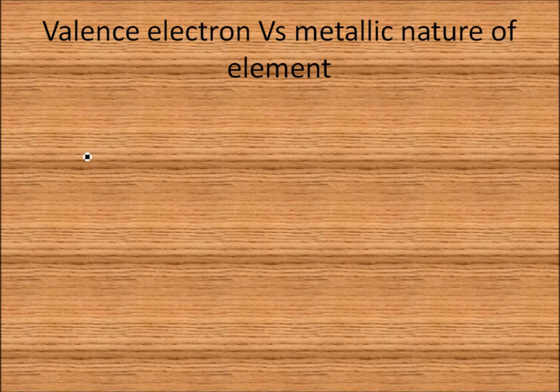How does the metallic nature of an element occur with respect to valence electrons? Kindly note that the elements which have valence electrons 1, 2, 3 in their atom are all metals, right?